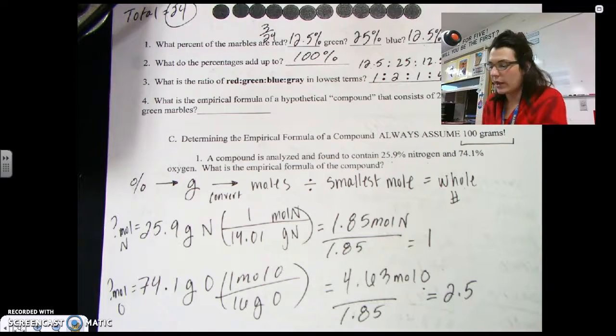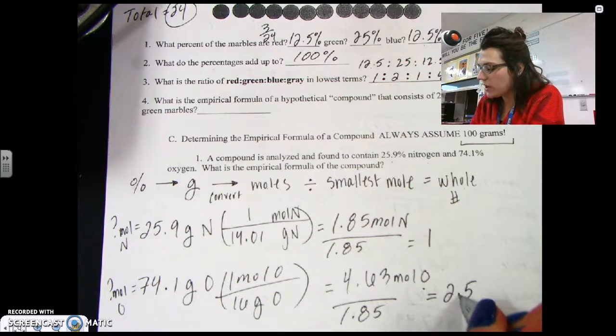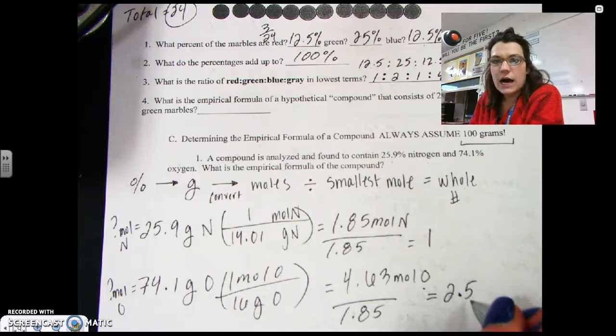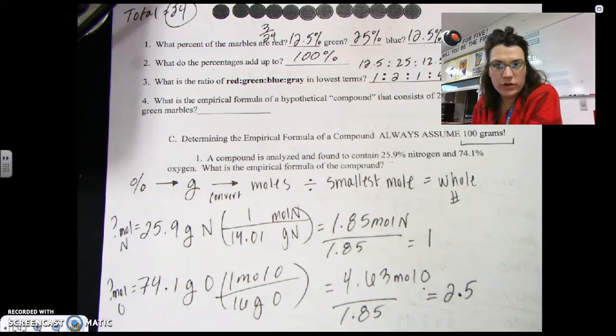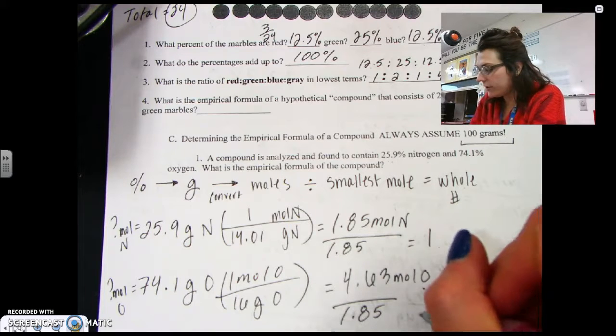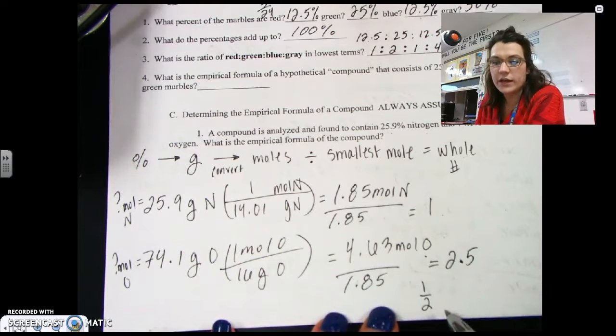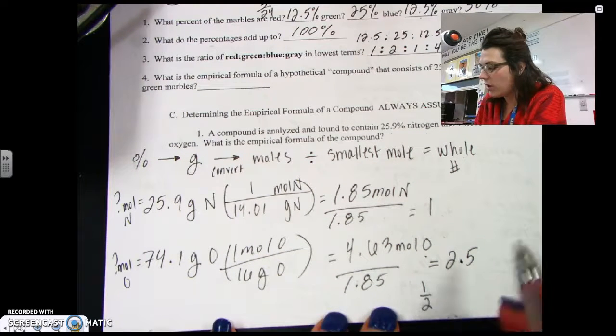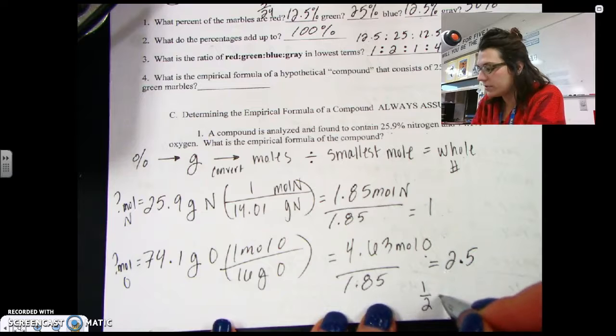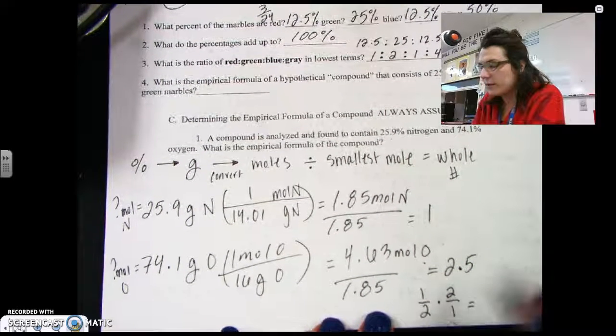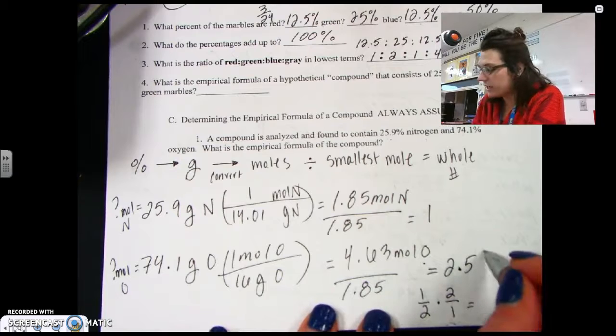We can't do it. So I need you to ask yourself, what times 0.5 will give me a whole number? Well, you can think about it like this. 0.5 is 1/2, right? So to get this into a whole number, I just multiply it by its reciprocal, which is 2/1. So that's exactly what I'm going to do here.